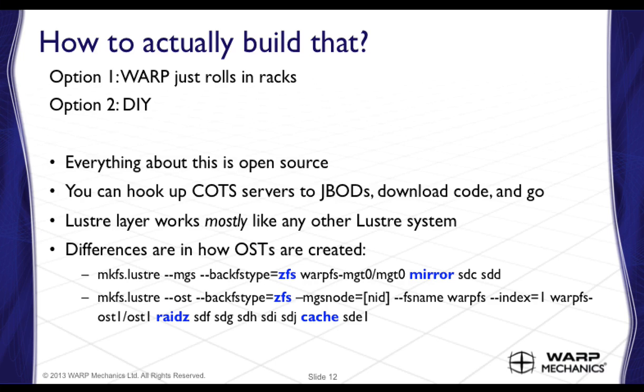Everything about the ZFS Lustre integrated solution is open source. You do not require any proprietary software to make it work. So you can just hook up your own combination of Supermicro servers or Quanta servers or whatever you want to use to commodity JBODs, download the code, and go.